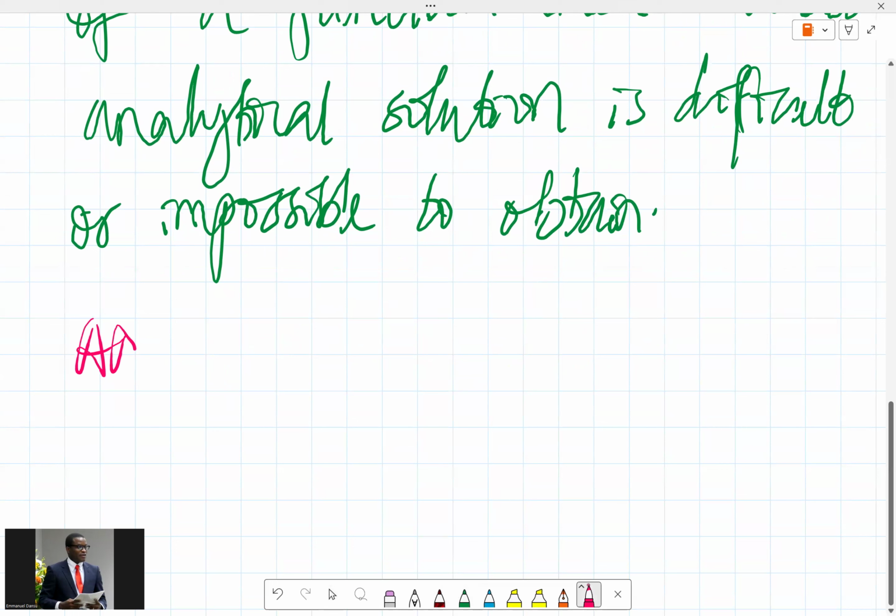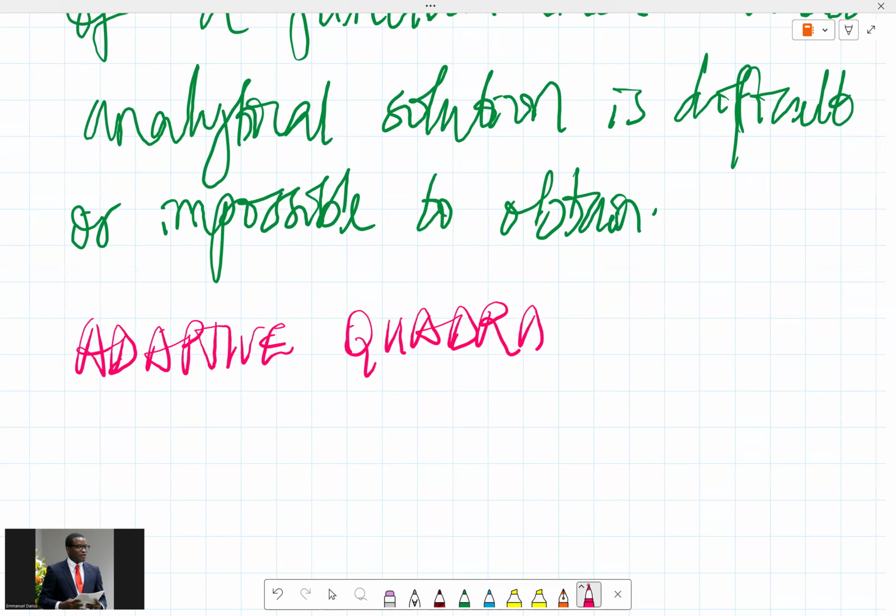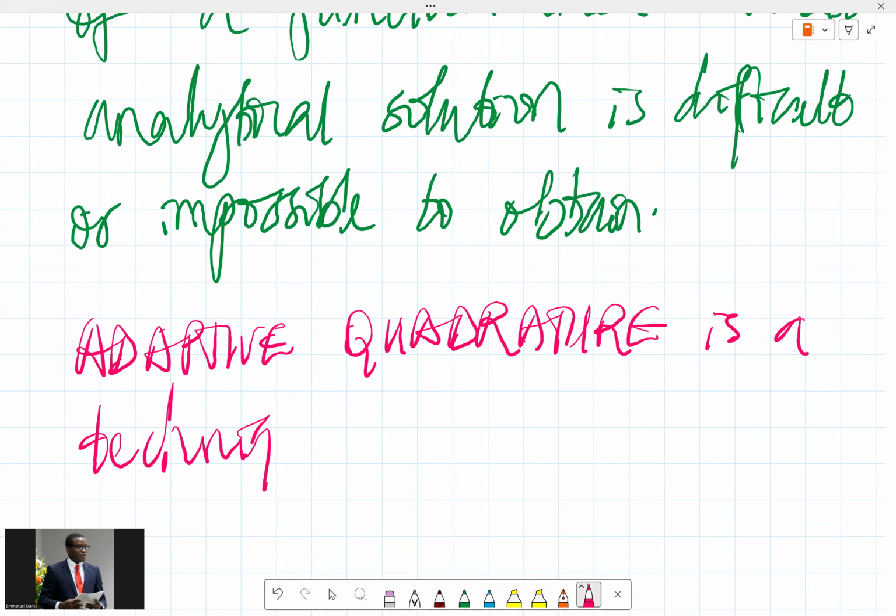So talking about adaptive quadrature, it is a technique that refines. So that's the idea of adaptation, right?